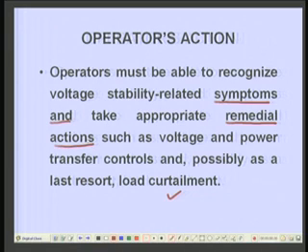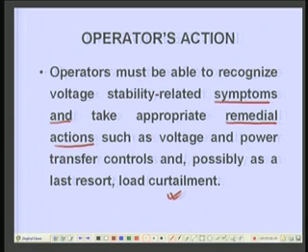It means the operator has to be well trained and he can find out that yes, there is a possibility of voltage instability which may take place, and therefore, he takes certain measures and he should have certain authority to take those measures. Of course, the last resort is the load curtailment.